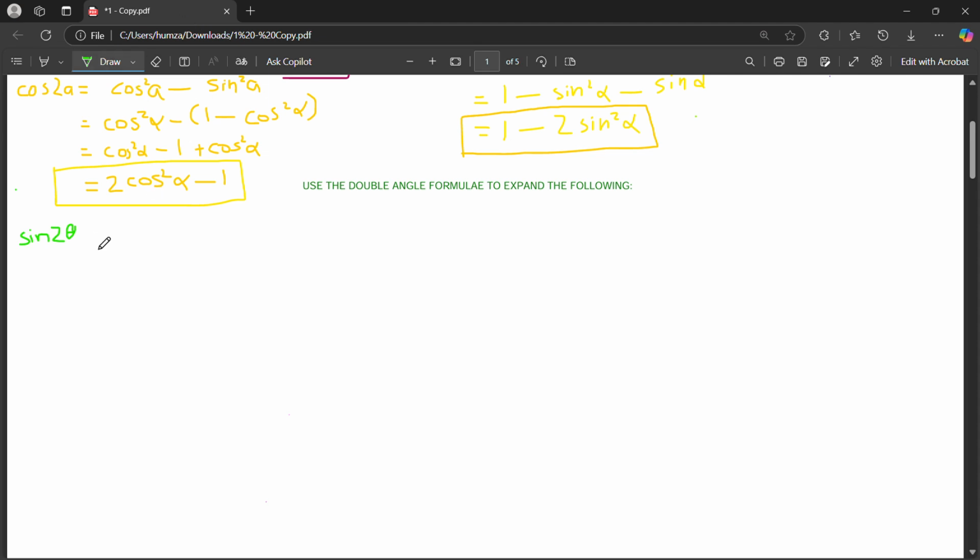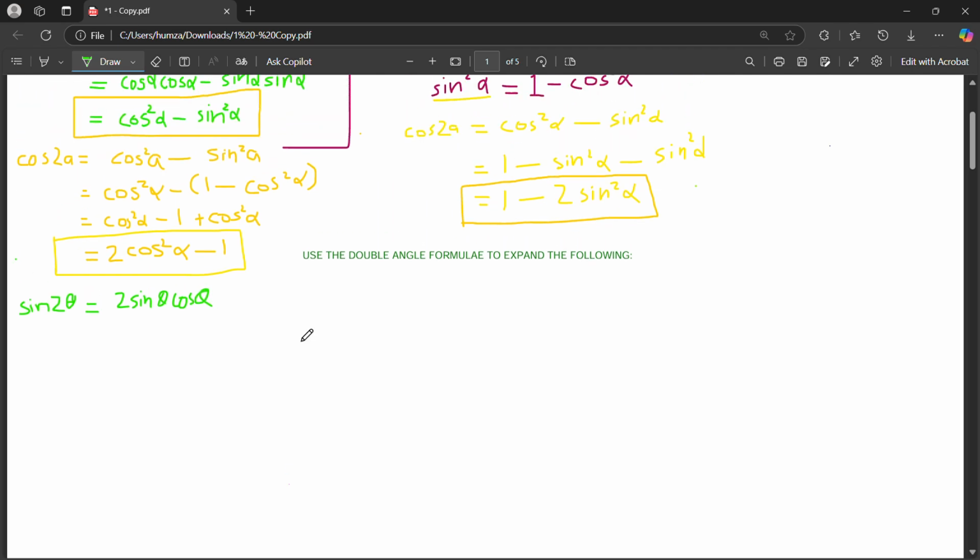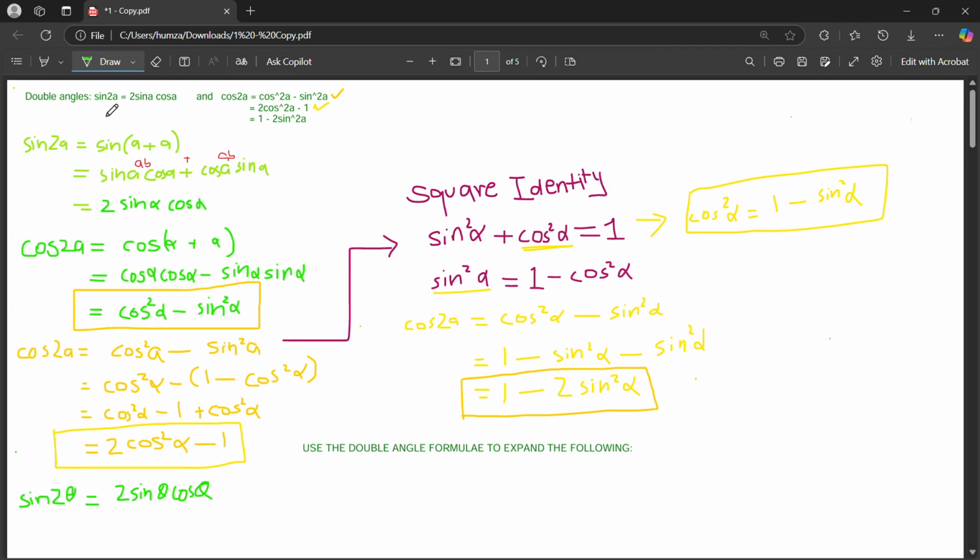So let's start with sin 2 theta. So sin 2 theta is the same as 2 sin theta cos theta, right? Sin 2a is equal to 2 sin a cos a.